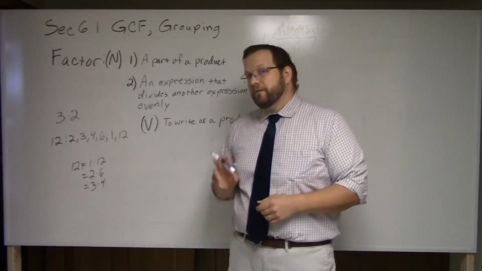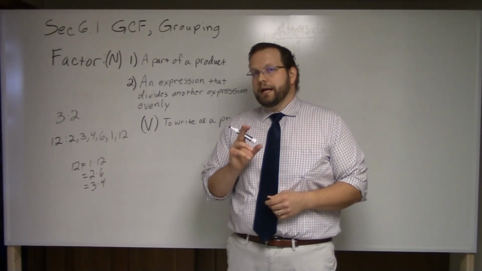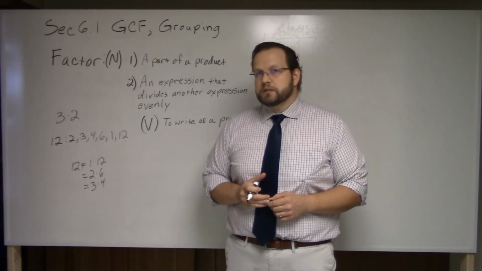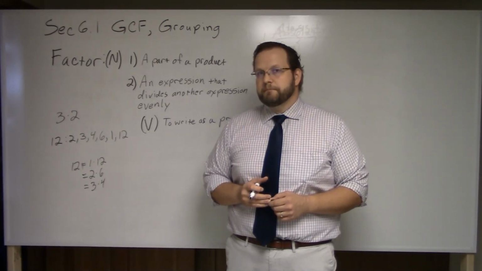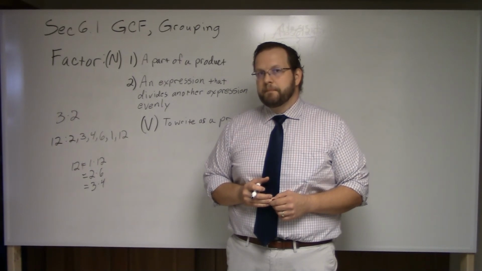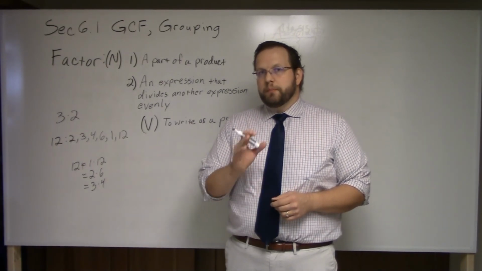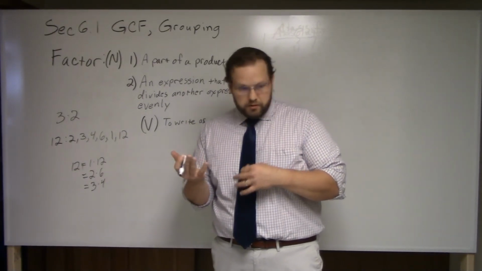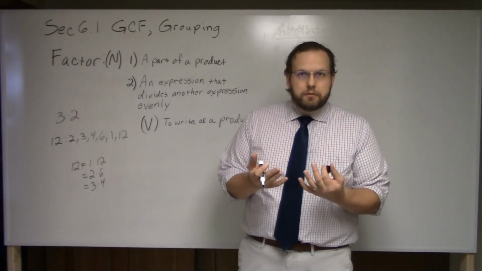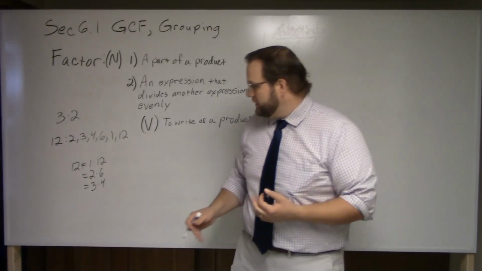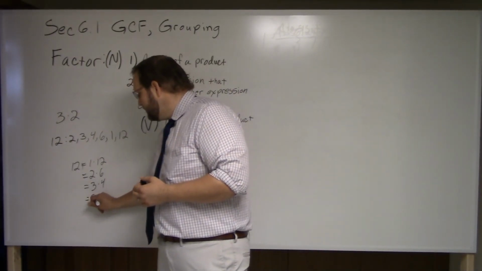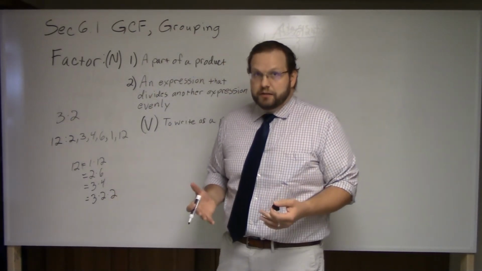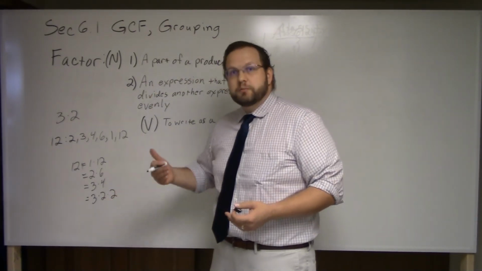Okay, one other factorization, I'm going to ask if you can think of one other factorization. Pause the video for a second and see if you can think of another one. Remember, I didn't say a factorization had to be one number times one other number. Okay, another factorization could be 3 times 2 times 2.